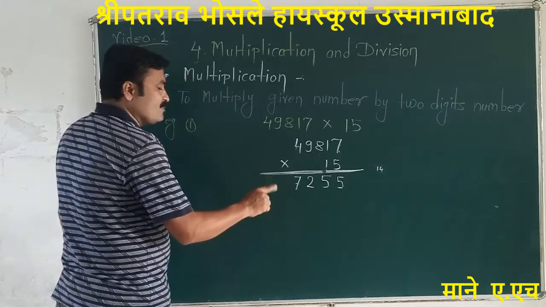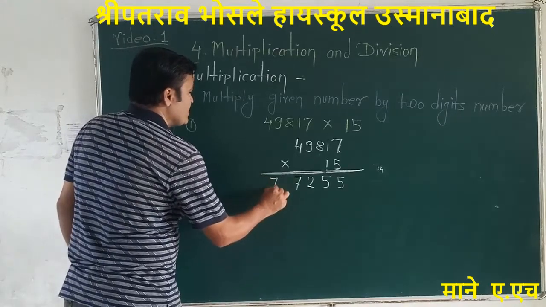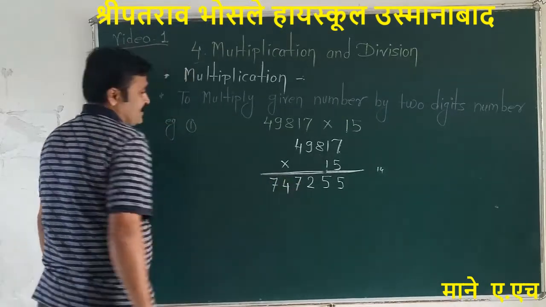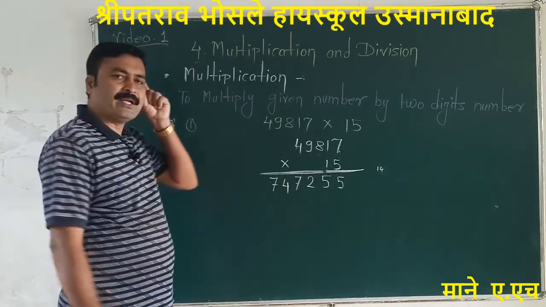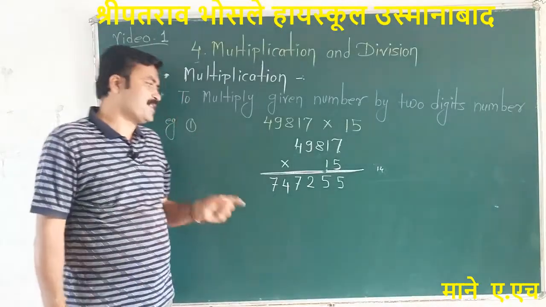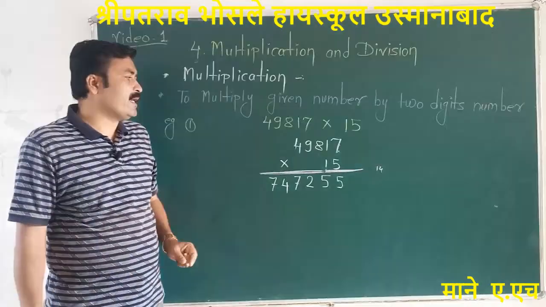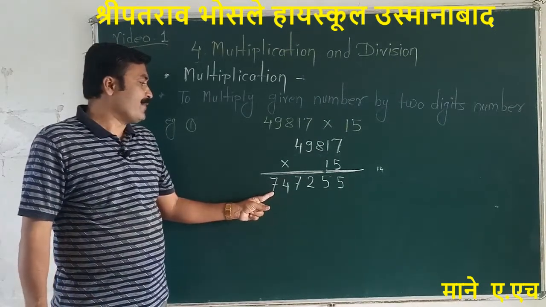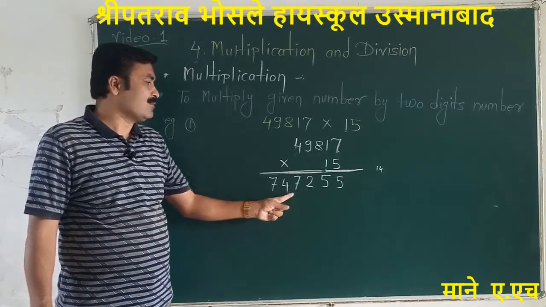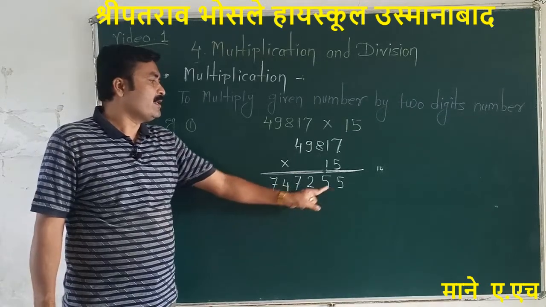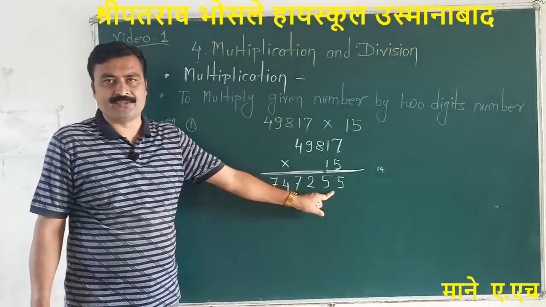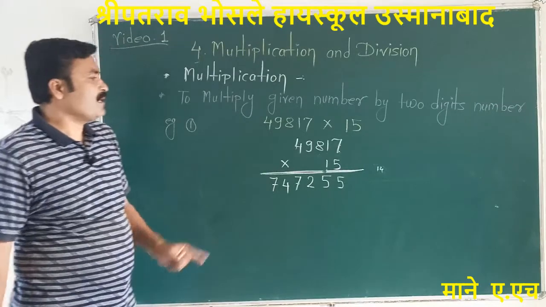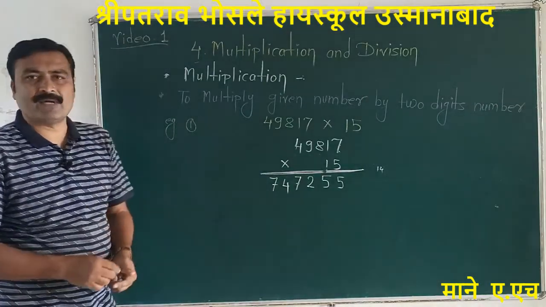This is the last multiplication, so we write 74 as it is. When we complete the whole multiplication process, the final answer is a 6-digit number, which we read as 7,47,255. So in this way we carry out multiplication by 15.